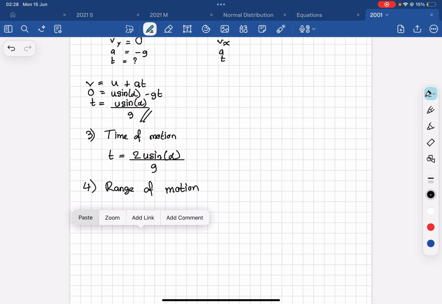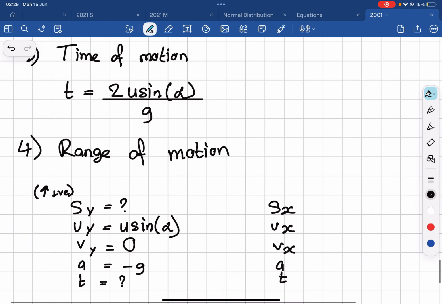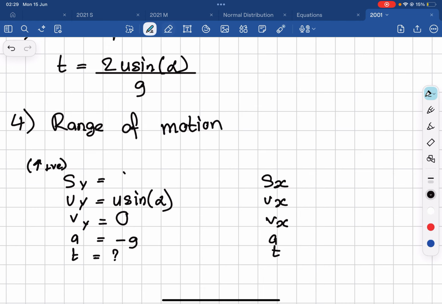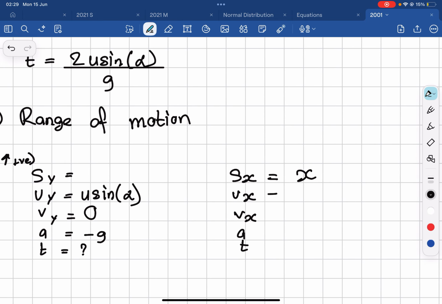So let's copy down our SUVATs. Ultimately, we're going to be working on the right hand side now with our horizontal component. So we have u cos alpha. Final velocity we don't know.